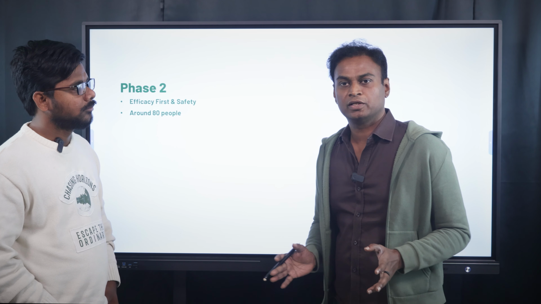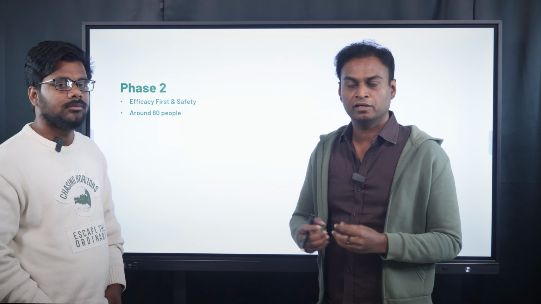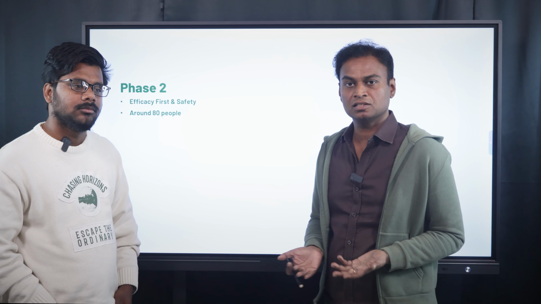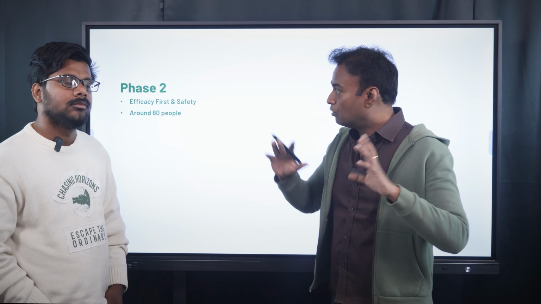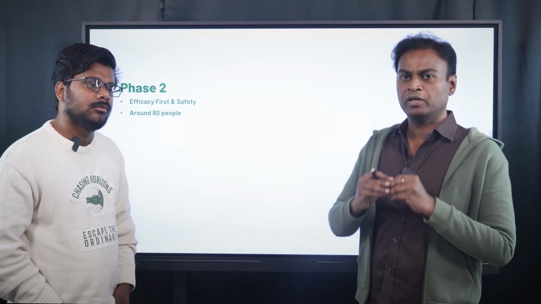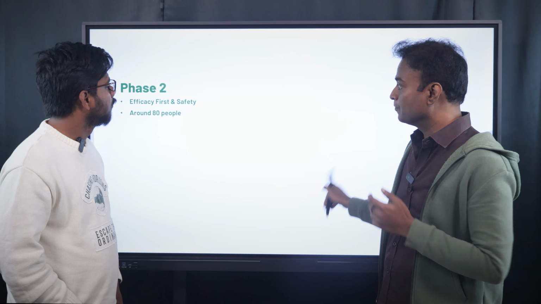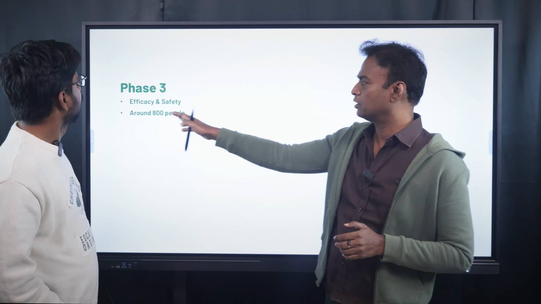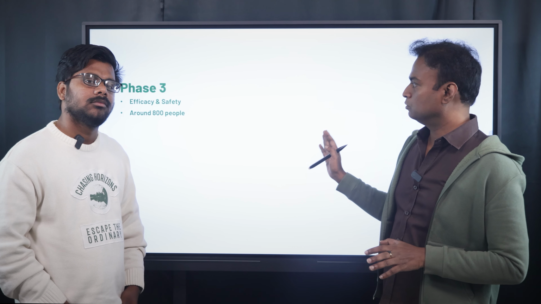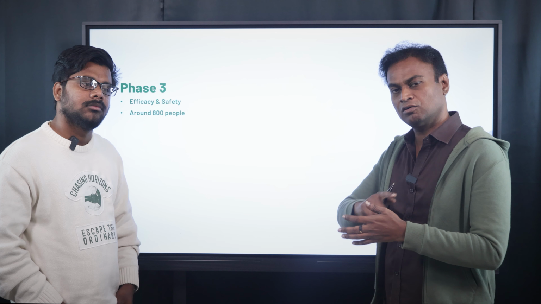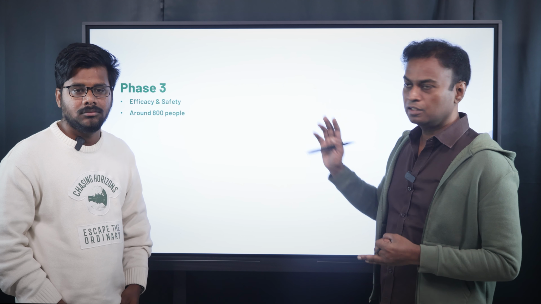Once phase 2 is completed, we submit the data to the FDA or any regulatory authority. If it is satisfied, then it gives permission for phase 3. Of all the research, the major research is phase 3, and it is done on around 800 people. Here the thing you have to consider in phase 3 is, it is already safe, right? It is already efficient.